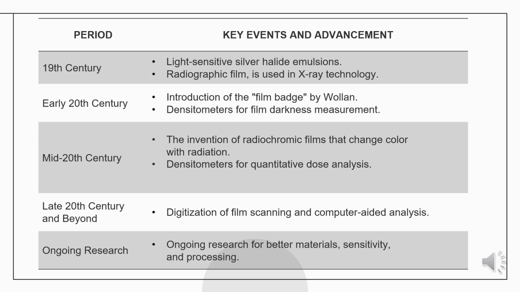In the early 20th century, film badge was introduced by the scientist Ulam, and early densitometers for film darkness measurement were developed. In the mid 20th century, radiochromic films and densitometers for quantitative dosage analysis were invented.